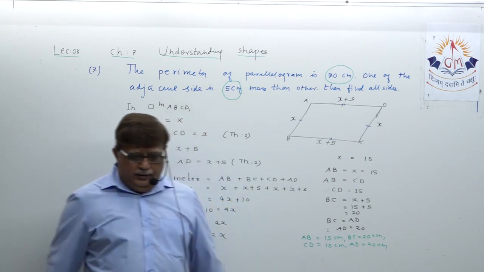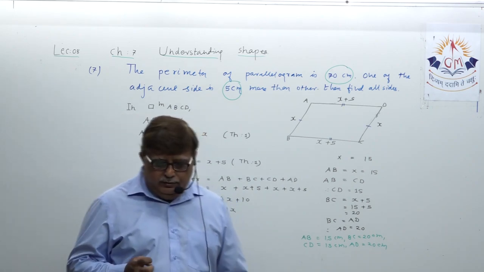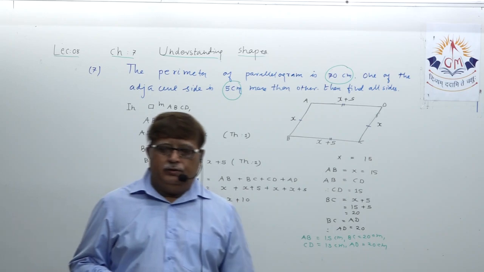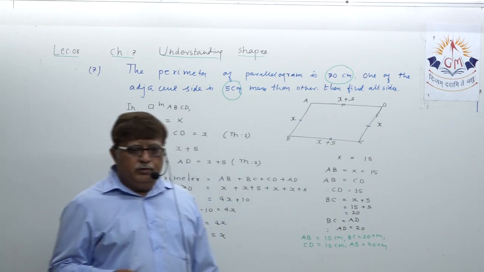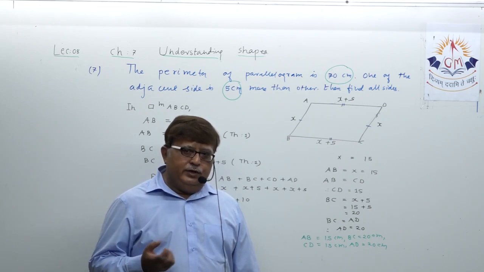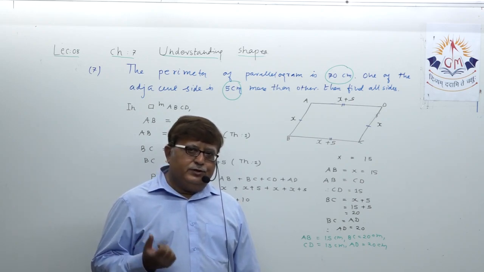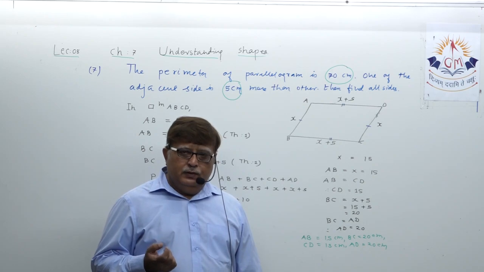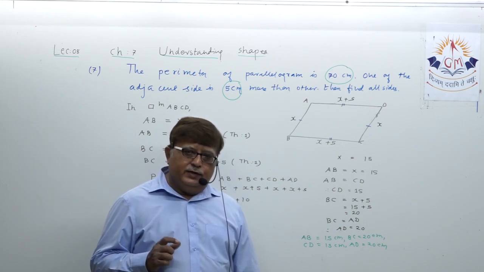One more thing, whenever a theorem is explained to you, in homework also I am going to give such homework: write the theorem explained today twice, thrice, because once you write it, it becomes more clear in your mind.